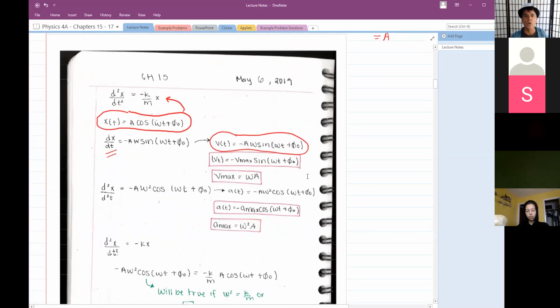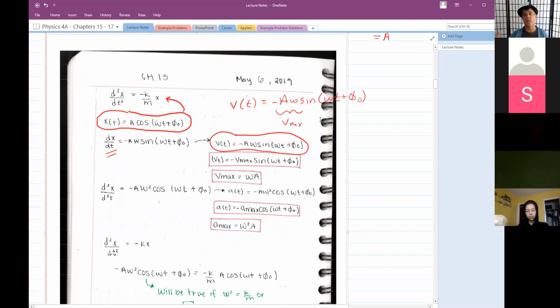Okay, so taking one derivative of position versus time gives me my velocity. So my velocity versus time is negative A omega sine omega t plus phi naught. And this right here, we call my max speed, v max, right?